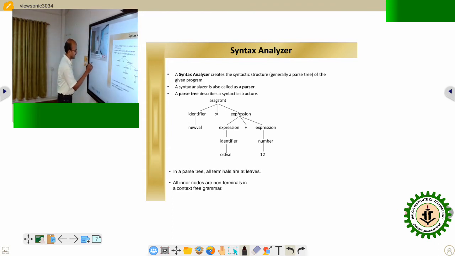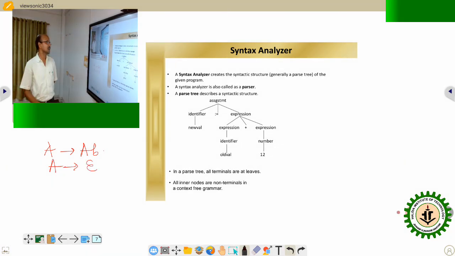Here also, in formal language and automata theory, we know that one non-terminal will produce a terminal or non-terminal, or A may produce a null character. We have to abide by the rules. This syntax analyzer checks whether you have written the program as per the rules defined by the grammar or not.